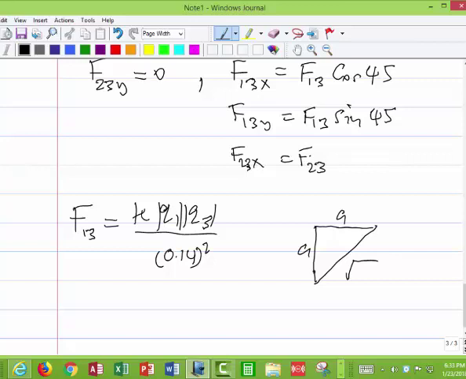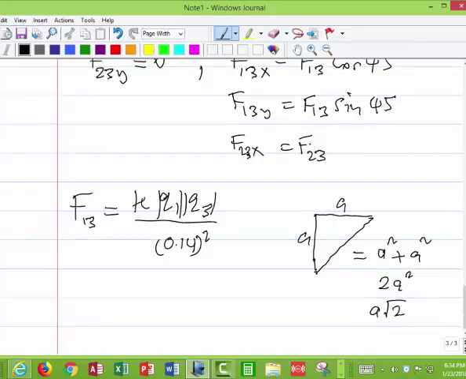Hold on a second. So this is just by Pythagoras Theorem. So we shall say by Pythagoras Theorem, this distance here is equal to the square root of A squared plus A squared, which is equal to 2A squared, so it's equal to A root 2. So A root 2 is 0.141.